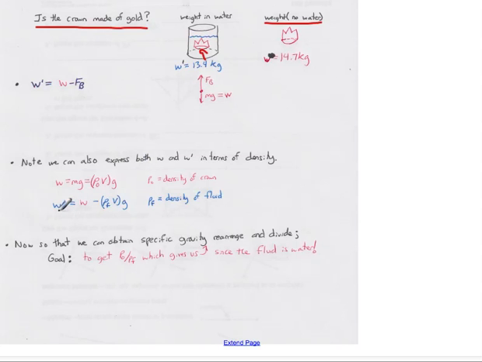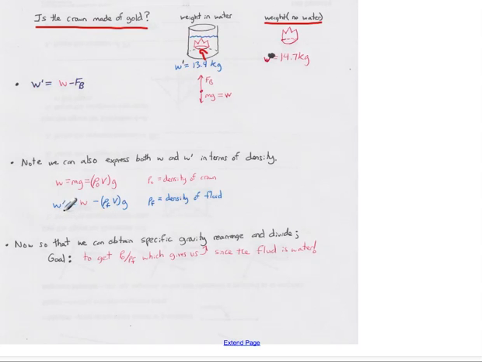Do the same thing with W prime, so you leave your W alone, and instead of writing F_B, we're going to put the density of the fluid times the volume for that. Instead of the mass of the fluid, we're going to put the density times the volume. Same trick, nothing sneaky there.